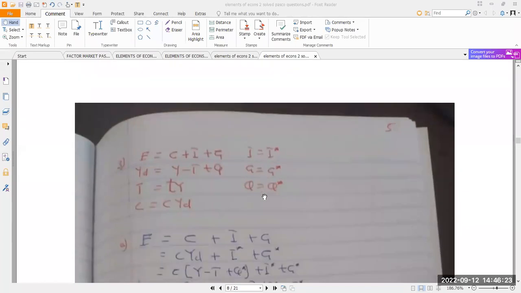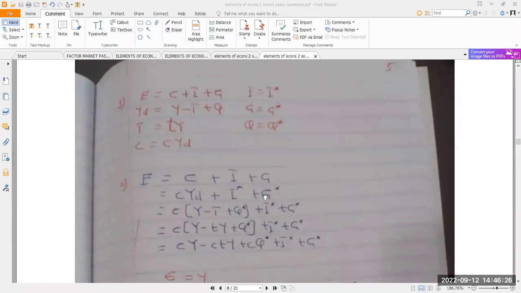First, let's find the aggregate expenditure. Now, aggregate expenditure is given as the sum of consumption, investment, and government spending. As for investment and government spending, we are taking them as autonomous, okay? Investment will not always be autonomous. Even I think next semester, you see, it depends on investment. It depends on interest rate.